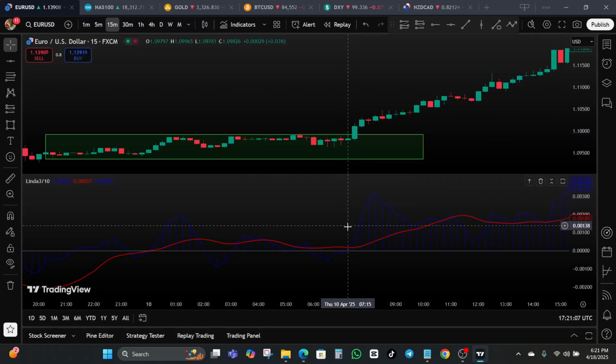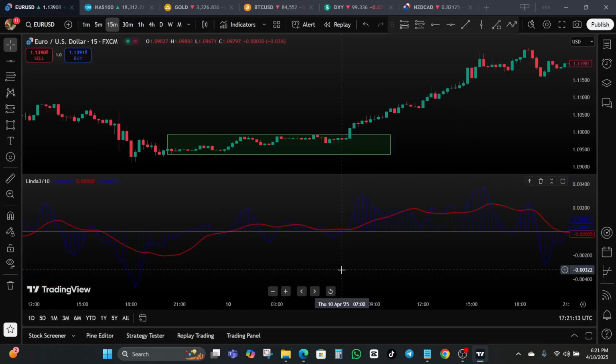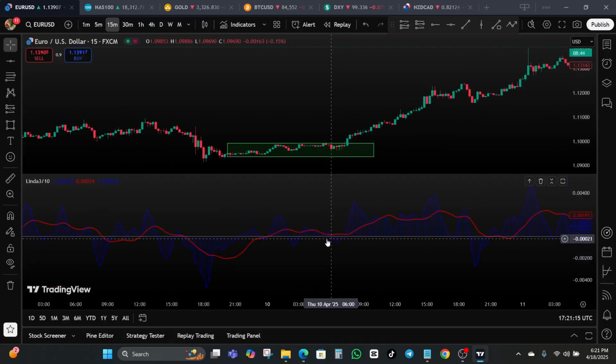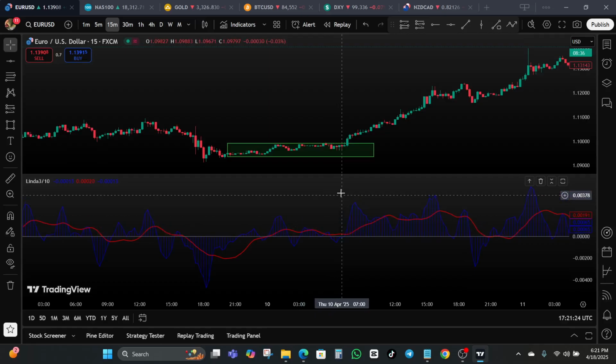Simultaneously, the 3-10-16 MACD gives you a bullish signal. You can see that the cross had already happened here, and at this point it was still going sideways, but after the breakout happened, it started sloping upwards. So it gave you a bullish confirmation. That is your signal.